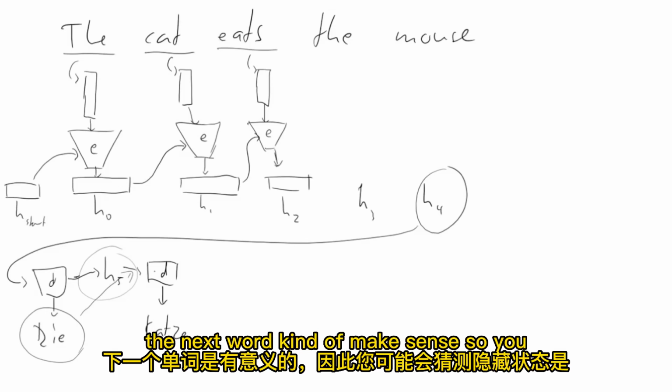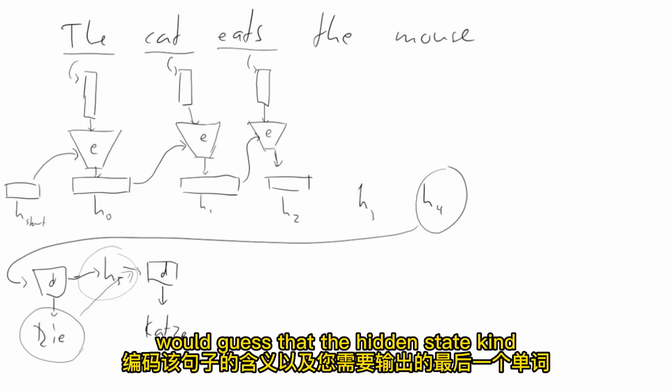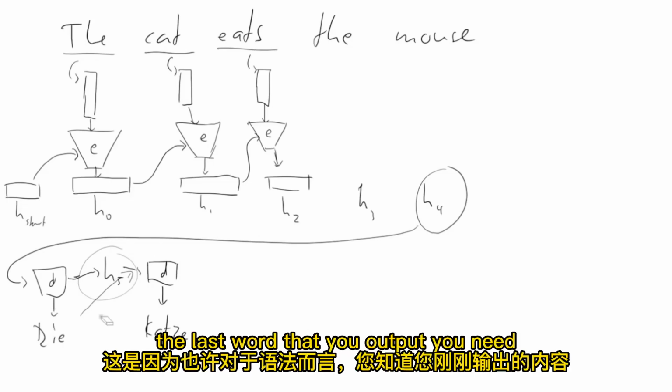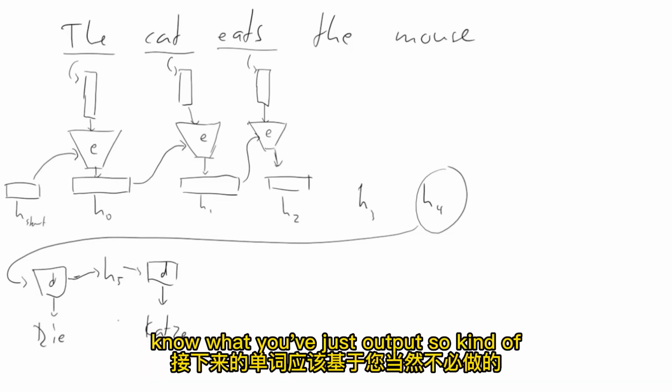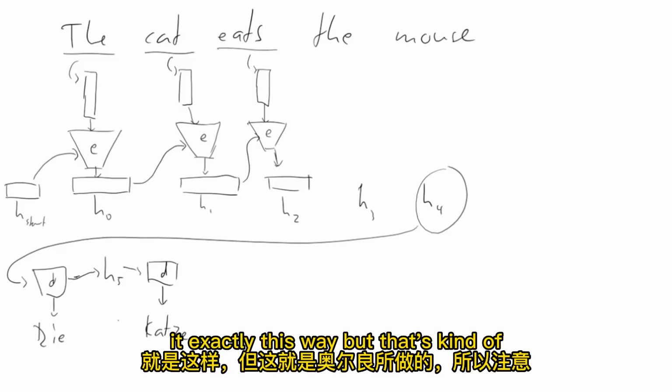It kind of makes sense. You would guess that the hidden state encodes what the sentence means, and the last word that you output, you need this maybe for grammar, right? You know what you've just output, so the next word should be based on that. Of course, you don't have to do it exactly this way, but that's kind of what these RNNs did.